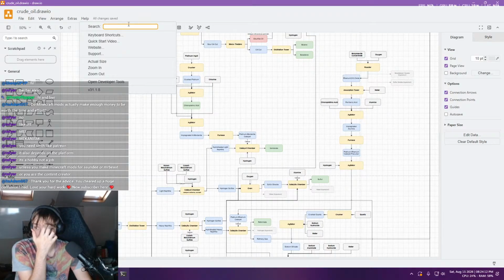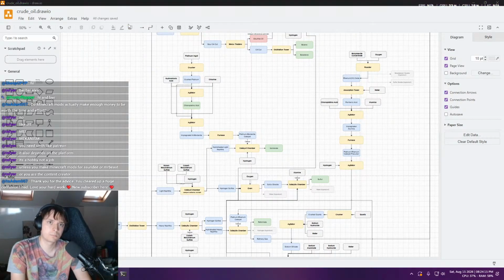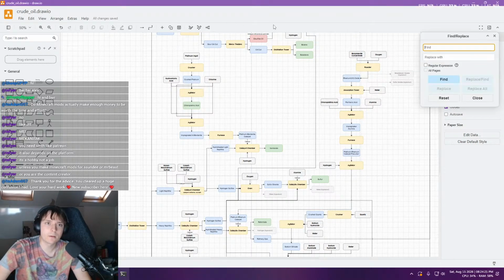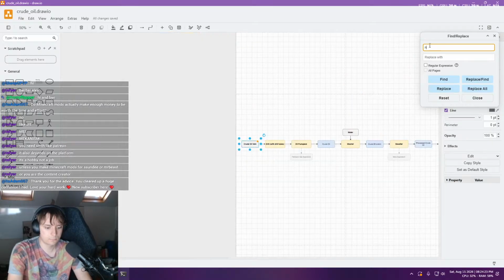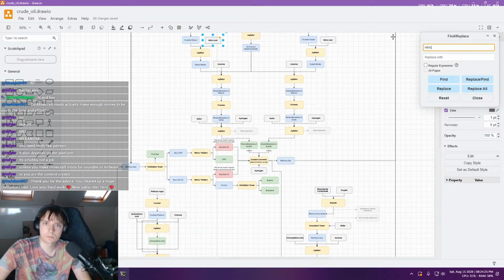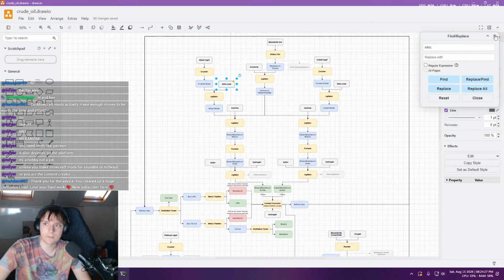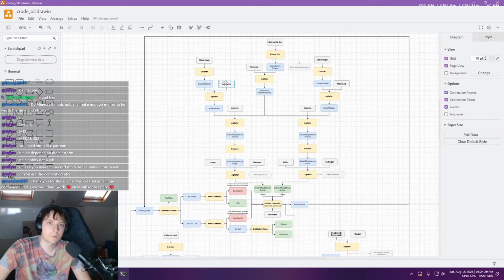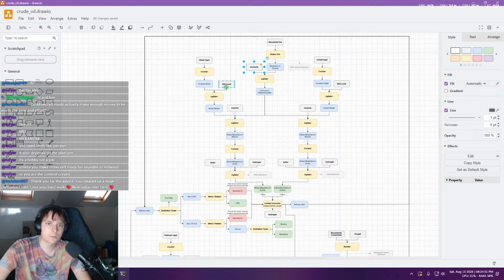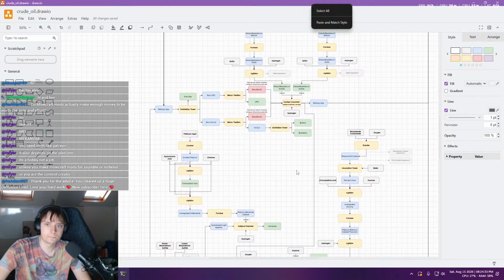I don't think that's going to do what I wanted. I want to search in here. Can I? Aha, nitrate. Nitric acid, lovely. That's what I wanted. So we have nitric acid and ammonia.